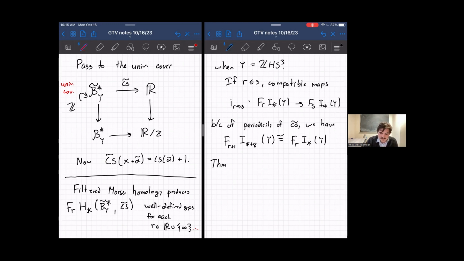Phrased like this, this first appears in the literature in work of Nozaki, Sato, and Taniguchi, where they don't just prove that you get some well-defined groups.